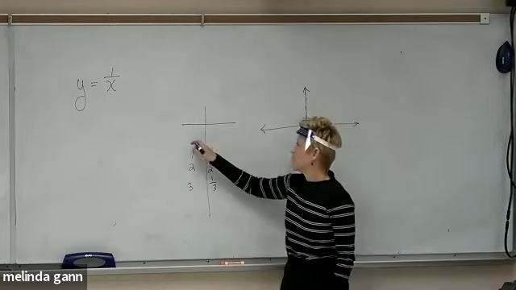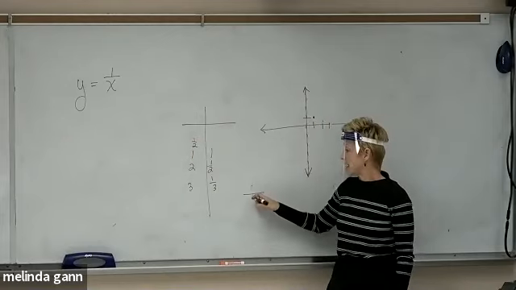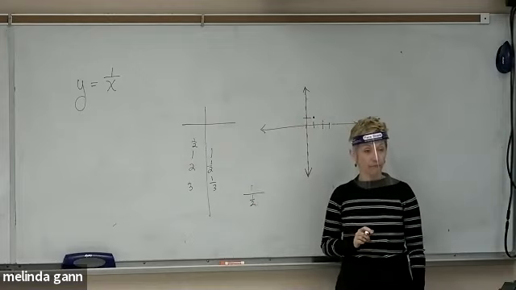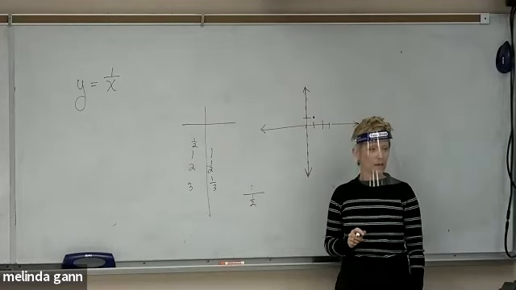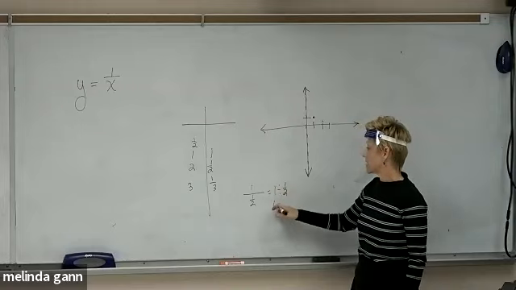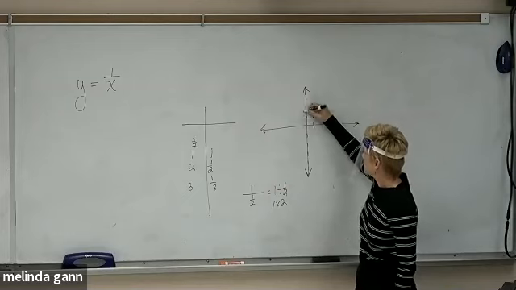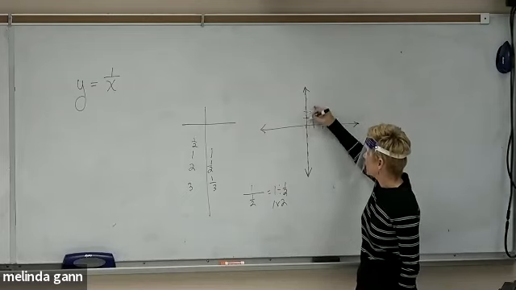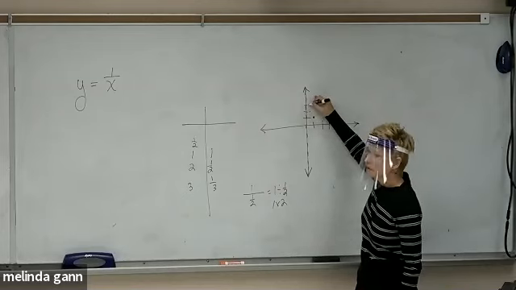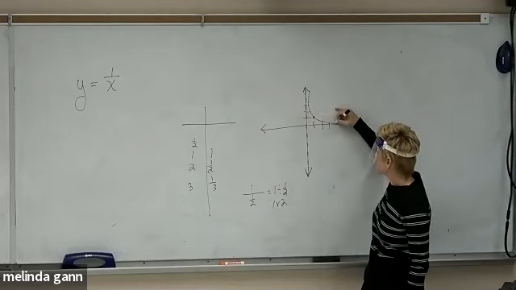Now, what if it was 1/2? What's 1 divided by 1/2? It's 2, isn't it? Isn't 1 divided by 1/2 the same thing as 1 times 2? So at 1/2, this thing jumps up to 2. At 1/3, it's going to jump up to what? To 3. So do you understand that you get this picture?